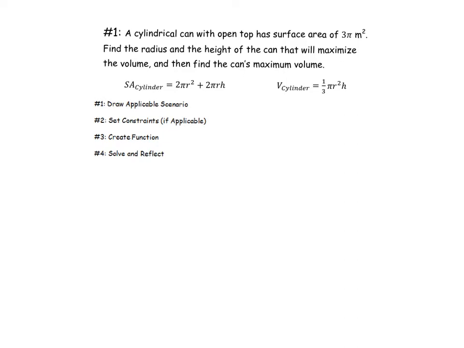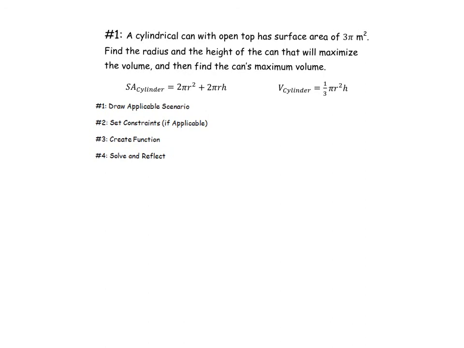I know that its surface area is 3 pi meters squared. Of course, be careful because it's an open top. So actually in this formula for surface area of a cylinder, I'm going to drop the 2 on the very front because that represents 2 circles, top and bottom, but now I only want 1 because it's open.